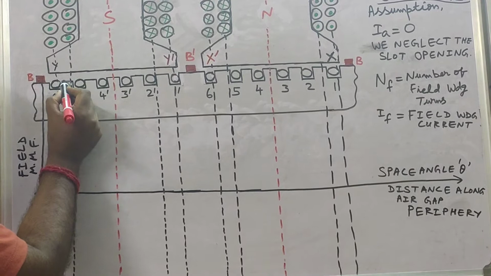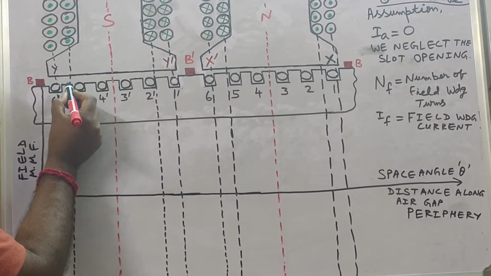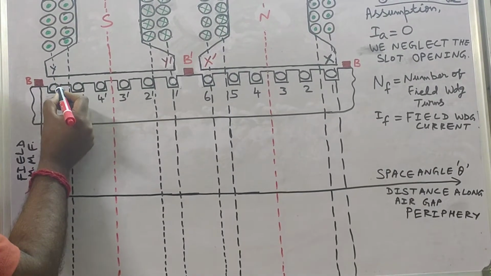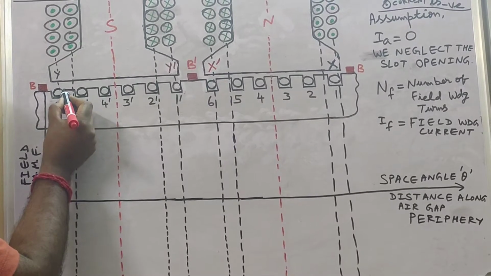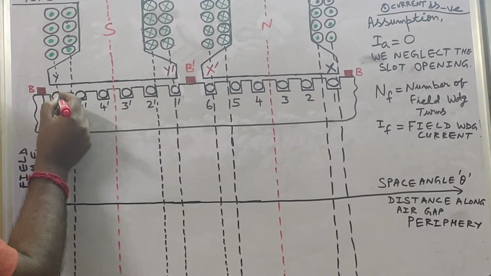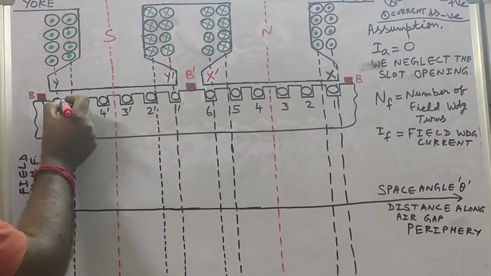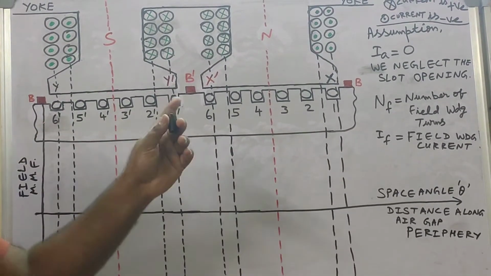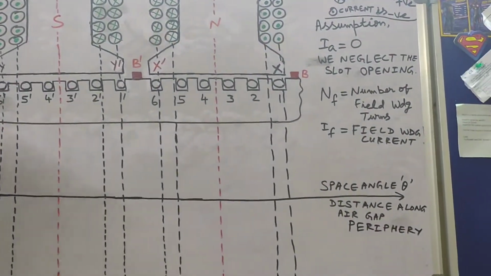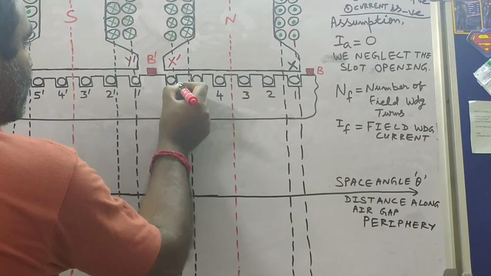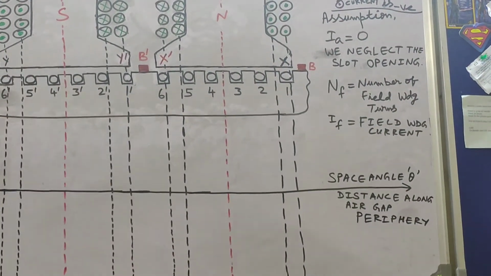Along the tooth portion the air gap is slightly less, and along the slot portion the air gap is slightly higher compared to the air gap along the tooth portion. This is the effect of slot opening, and I have ignored it. I have assumed that the slot opening is not present.